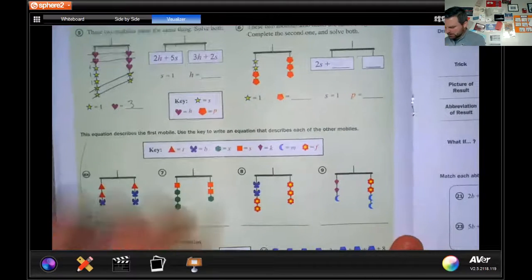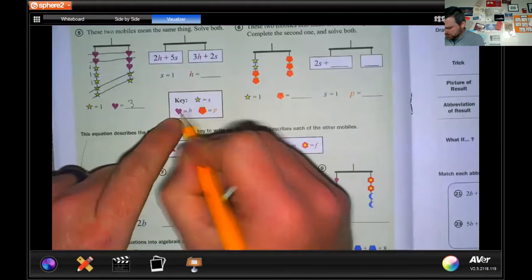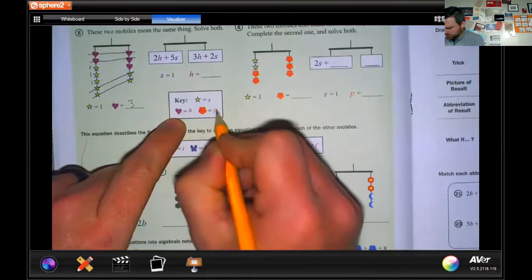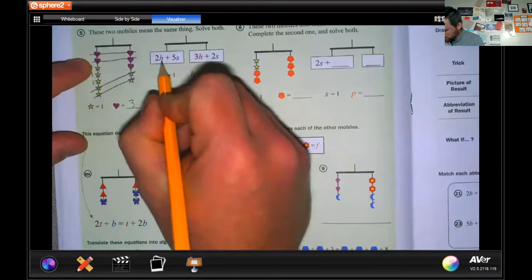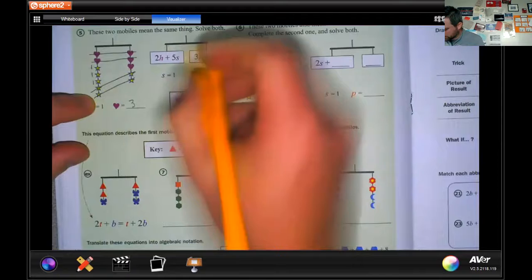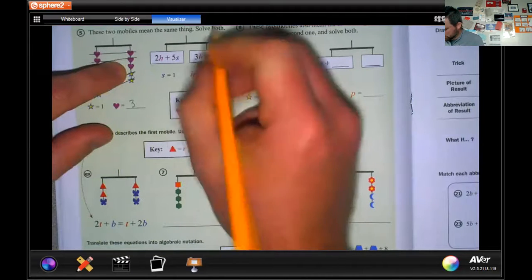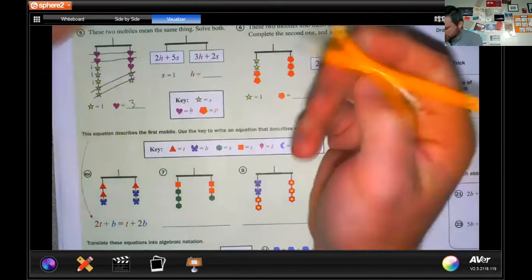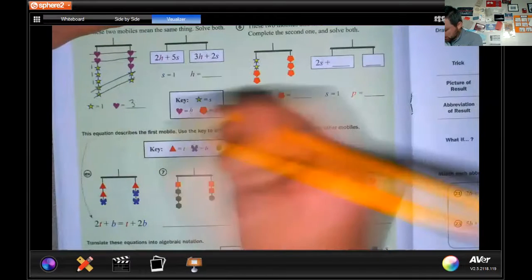Okay. Now they give us a key here. They say a star is S and a heart is H and a pentagon is P. So look here, I had 2 hearts, so 2H, and 5 stars, so plus 5S. And then I had 3 hearts plus 2S. So again here, I can mark out or cancel some things that match up.